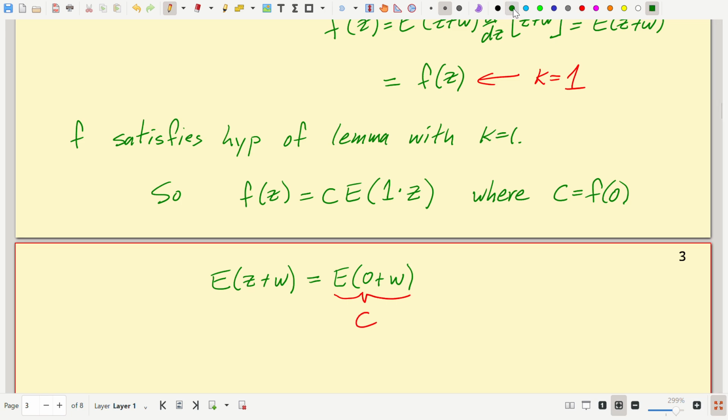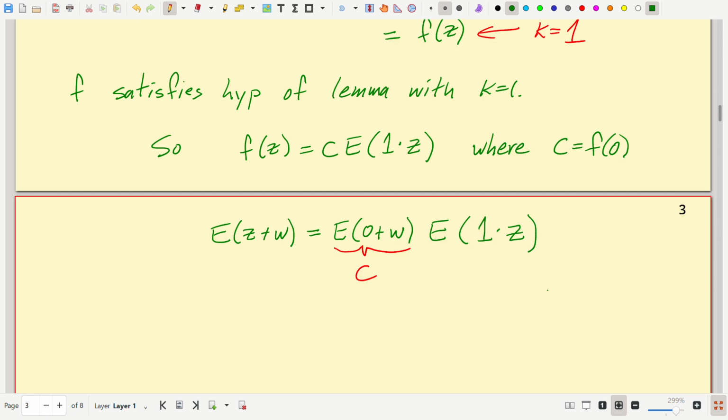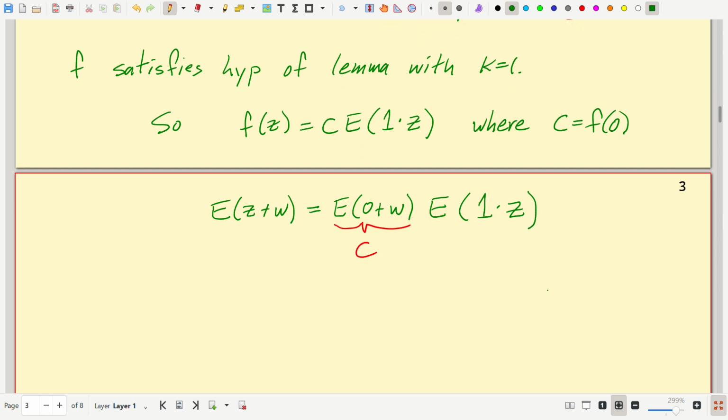And the lemma tells us that this is going to be e to the 1 times z. And so we see, aha, I've just deduced that formula: e to the z plus w is e to the z times e to the w.